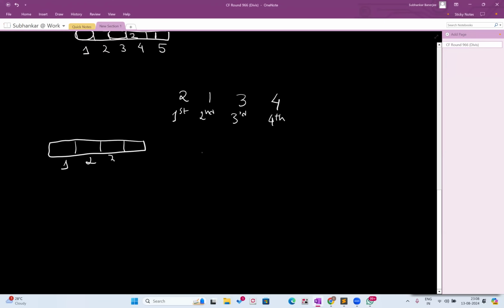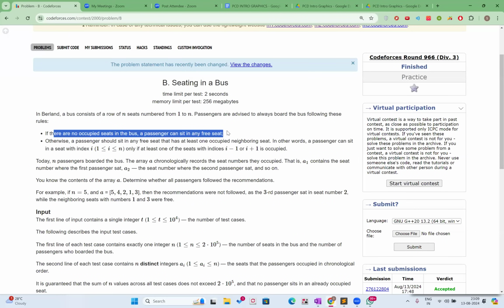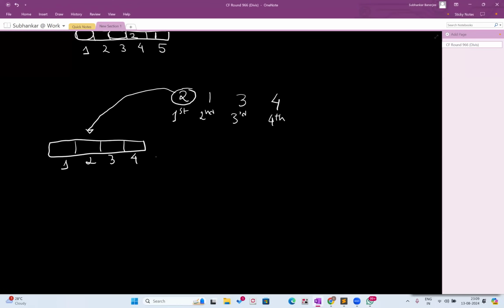The first passenger comes in, and since all the seats are unoccupied, according to our algorithm, if there are no occupied seats, the passenger can sit. So there's no problem for the first passenger. The first passenger sits in the second seat.